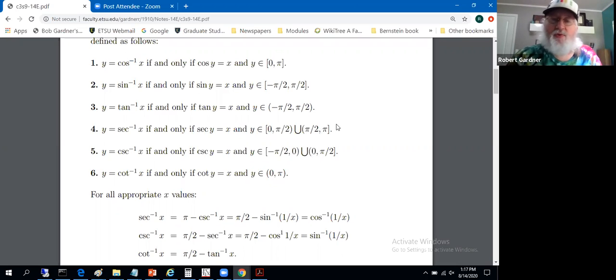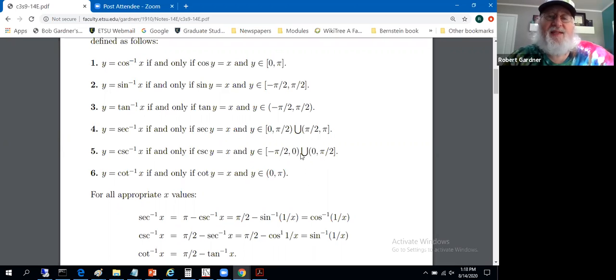We'll make a comment shortly about that. Here are the definitions that we're going to use. For our definitions, we'll take the range of the secant inverse to be between 0 and pi, excluding pi/2. Not everybody does that. And for cosecant inverse, we'll take the range to be -pi/2 to pi/2, excluding 0. That one's a little more standard.